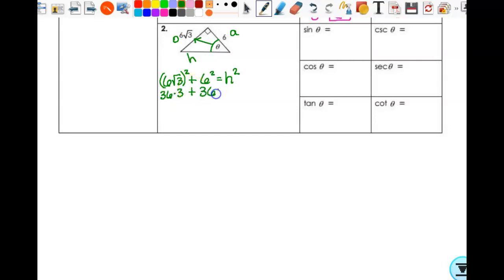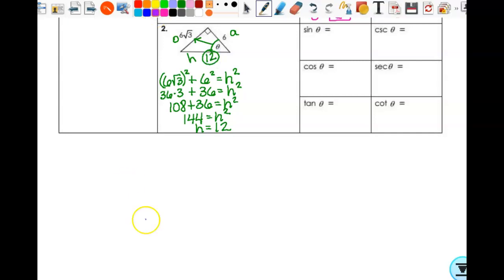Well, what's 36 times 3? 108. So I get 108 plus 36 equals h squared. 144 equals h squared. H equals 12. Technically, it's plus or minus 12, right? But does the minus 12 make any sense here? No. So it's just going to be 12.